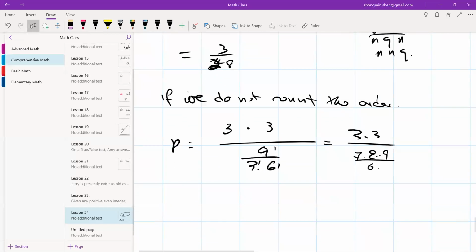After you simplify it, you will still get 3/28. It's the same result.